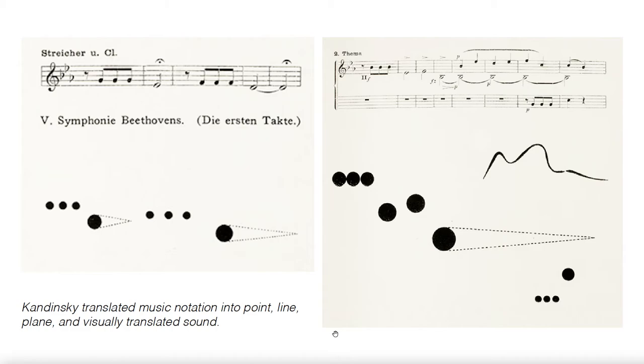Here he was able, well, not able, but he chose to take sheet music. Can anyone in here read sheet music or shape notes? Yes? Okay. It's really interesting when you look at this, how he was able to take the notation and then translate it into essentially dots, and the size of the dots, and how they're close together would be like staccato, right?